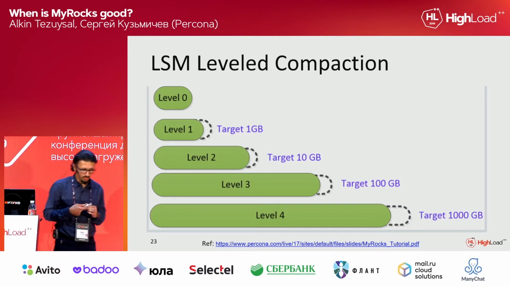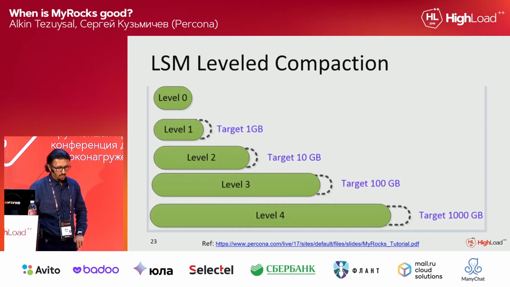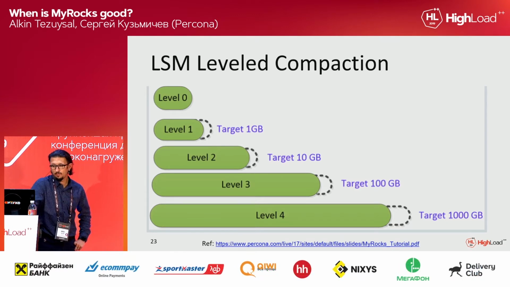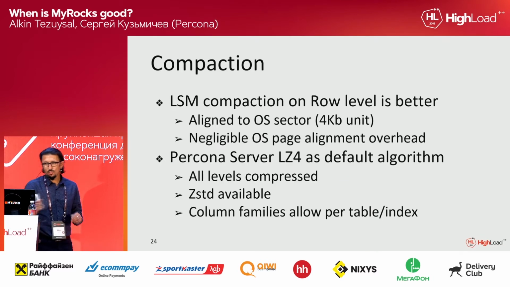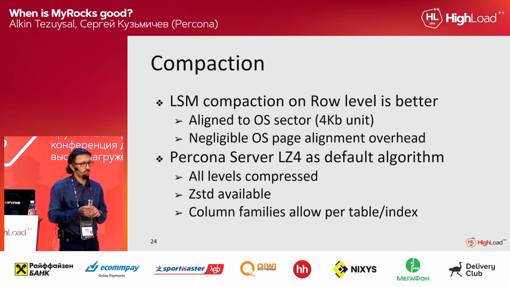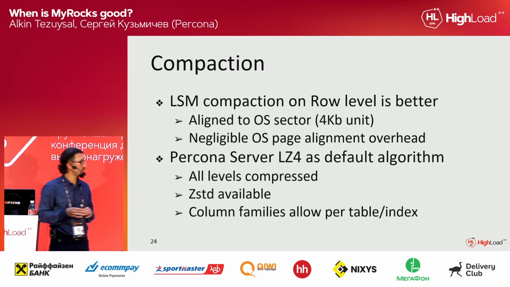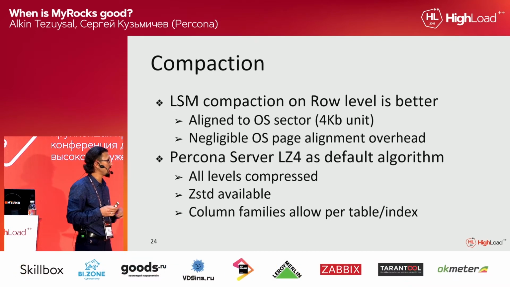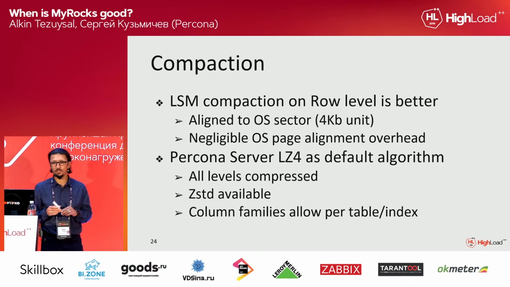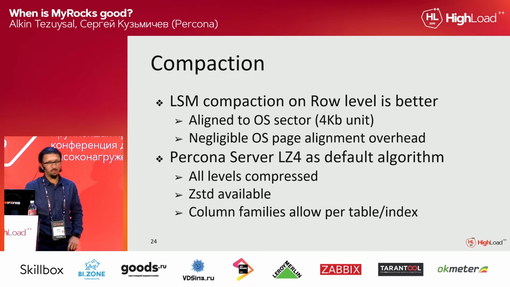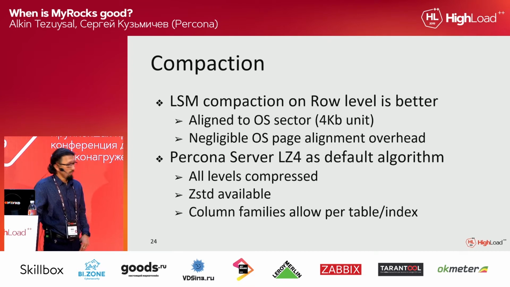So this explains how you can achieve leveled compaction using the LSM while writing to your database. I'm going a little fast because there's a lot of stuff to cover over here. And the compaction happens on the row level, and is basically aligned with the operating system, in 4 kilobyte units, with very little overhead for that.